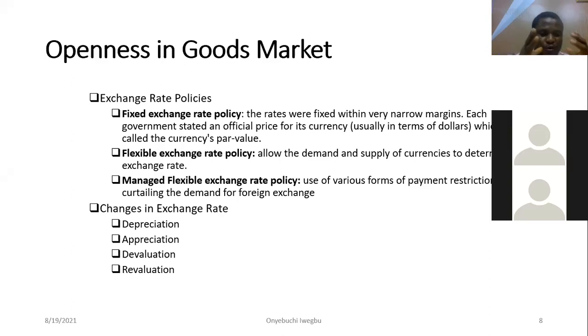So the same explanation for devaluation becomes the same explanation for what? For depreciation, only that it is not deliberate. The market forces led to that. While the same explanation for revaluation is the same explanation for appreciation, only that the market forces led to that.